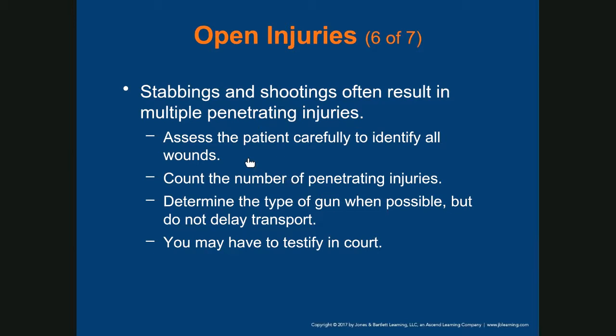So that means you definitely need to expose, cut and look, and if it's a gunshot wound, was the patient shot more than once, where's the entrance, where's the exit, right? Where on the body. Count the number of penetrating injuries, determine the type of gun if possible, but do not delay transport. You may have to testify in court.